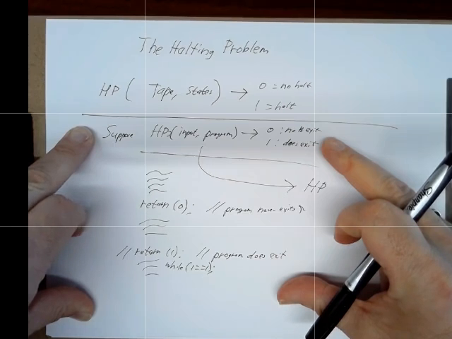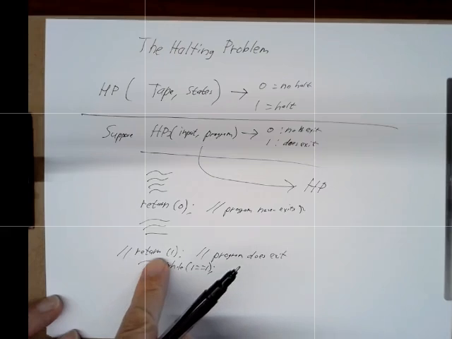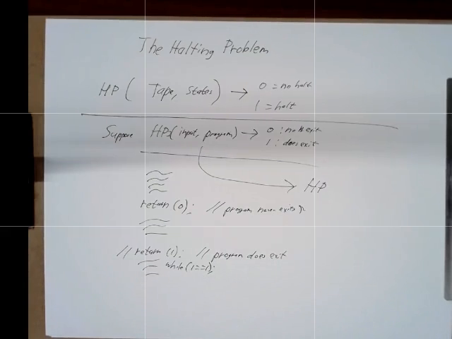And one of two things is going to happen. Your code is going to eventually decide, hey, this program is going to exit at some point, which means it's going to get to this point in your code, at which point this program is going to go into an infinite loop and it's never going to exit. And your program gave the wrong answer because your program analyzed this and said it is going to exit, but in fact the program's going to go into an infinite loop.